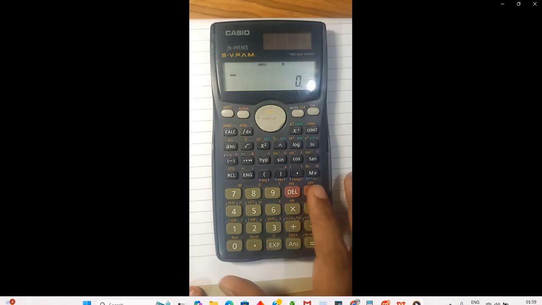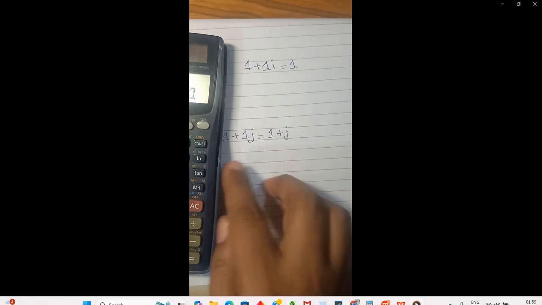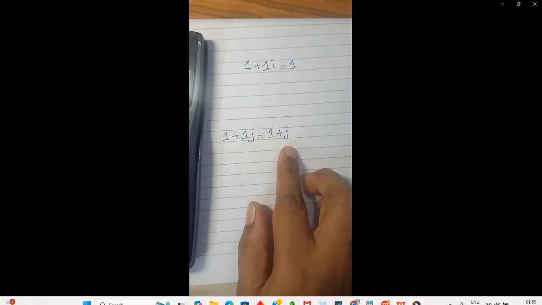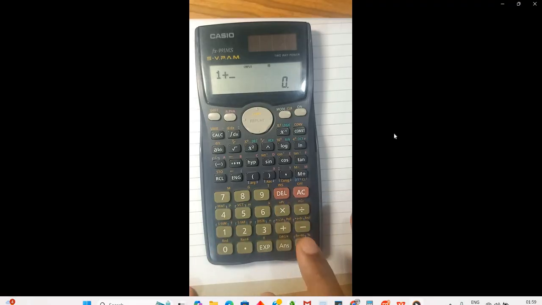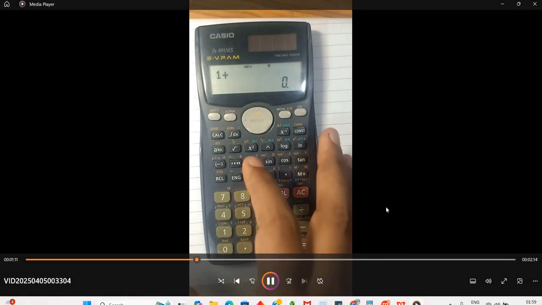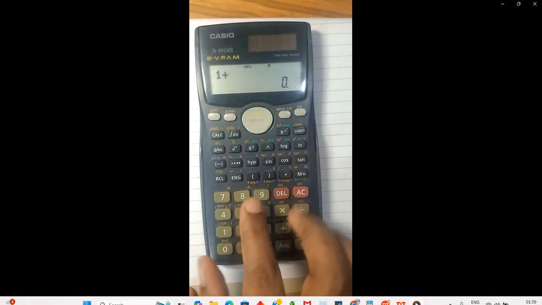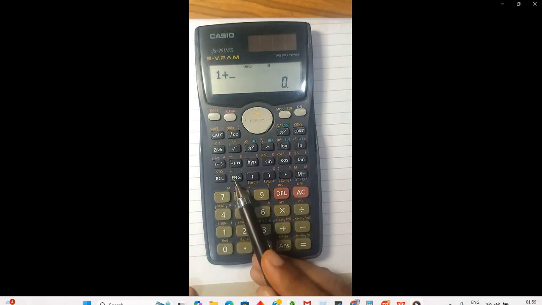Now we want to find out the angle for 1 plus j. So what I'll do is 1 plus, here you have i, press on this, so here you will get i.